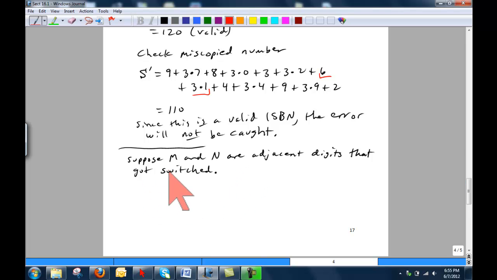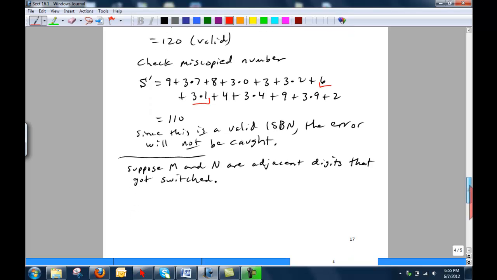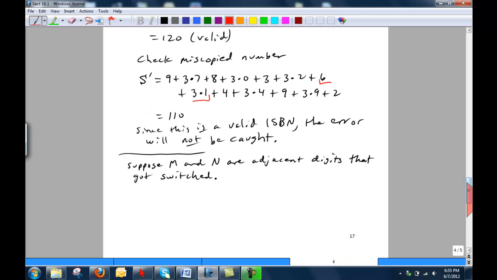So notice that this has a pattern m plus 3 times n, and this has a pattern n plus 3 times m. When two adjacent digits are switched, one of them had a 3 in front, and then after the switching, the other one did.